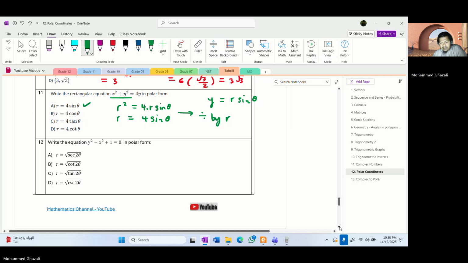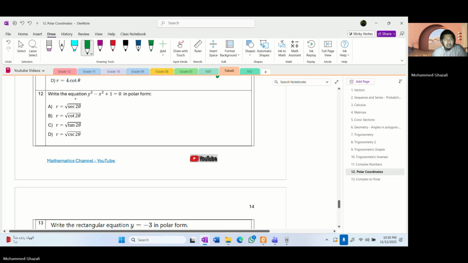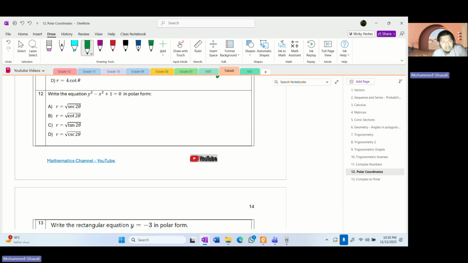First one. Next question. Write the equation y squared minus x squared plus 1 equals 0 in polar form. So this is a bit difficult. Look at the forms. So we're going to say y squared minus x squared. What is y? Y is equal to r sine theta, and x is r cos theta.